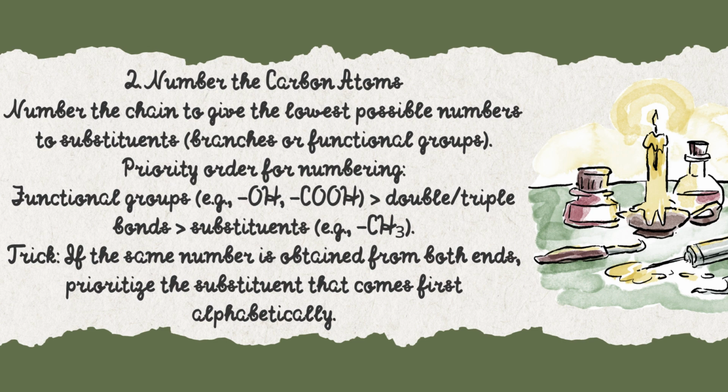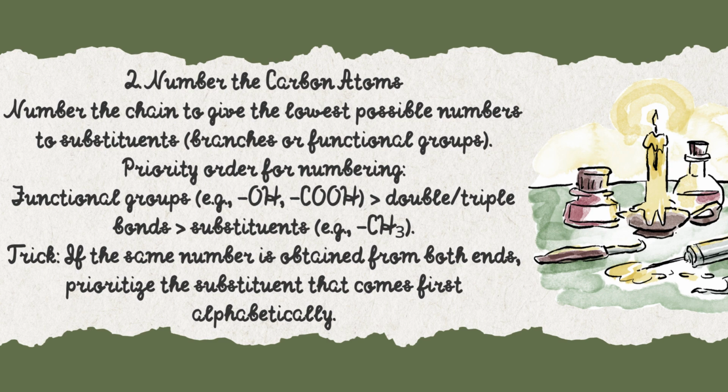Tip number 2 is you have to number the carbon atoms after selecting the longest chain, and you have to give the lowest possible number to the substituents, branches or the functional group.